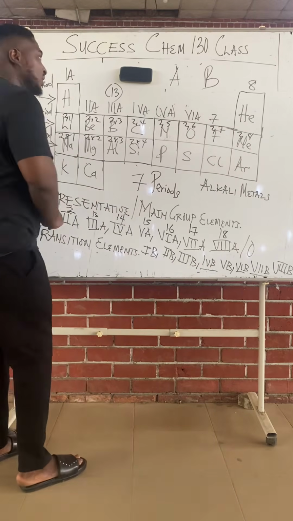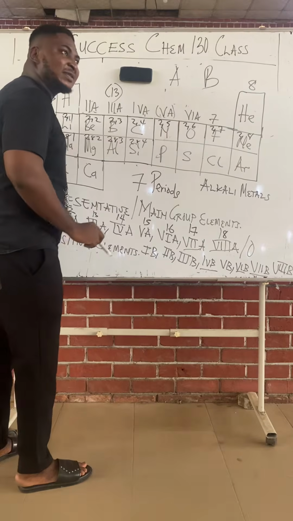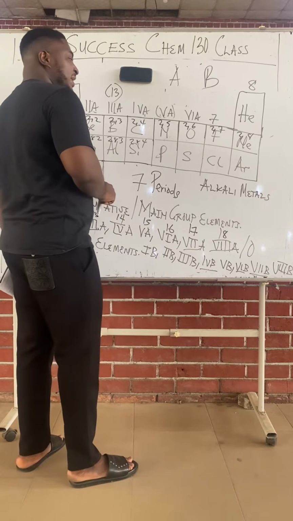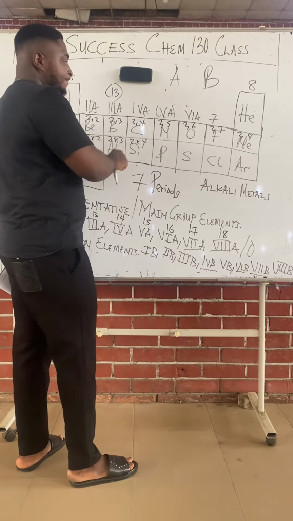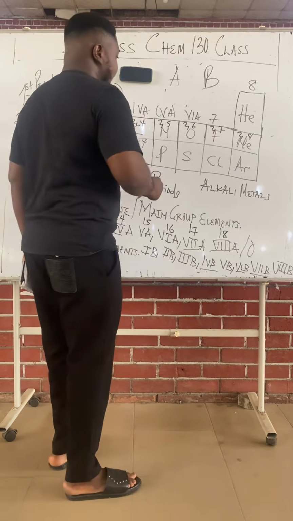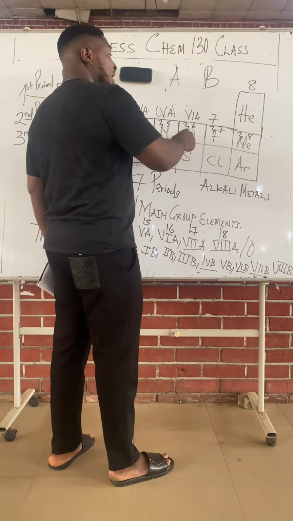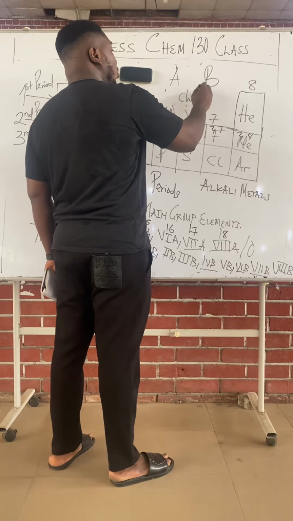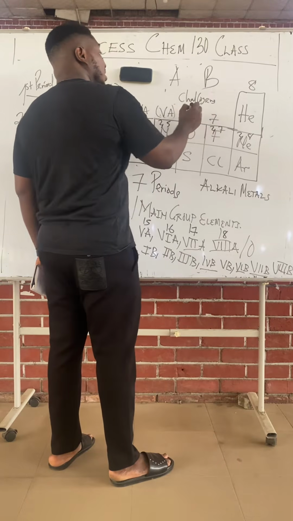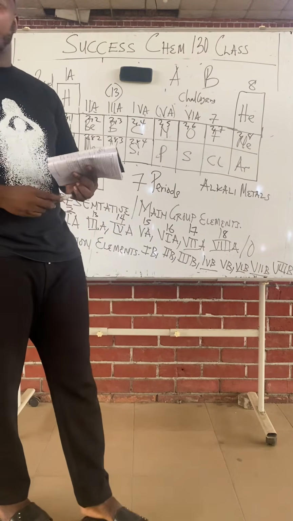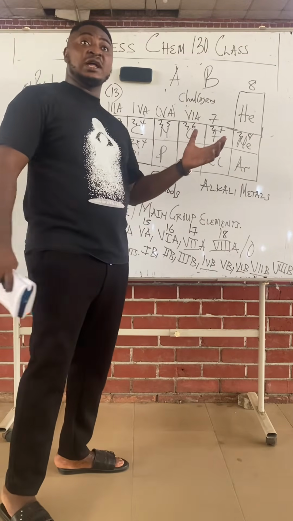So alkali metals, IA; alkali earth metals, IIA; boron family, IIIA; carbon family, IVA; nitrogen family, VA; and this one, VIA, are called chalcogens. In an exam it can be asked. Group VIA is also known as chalcogens.